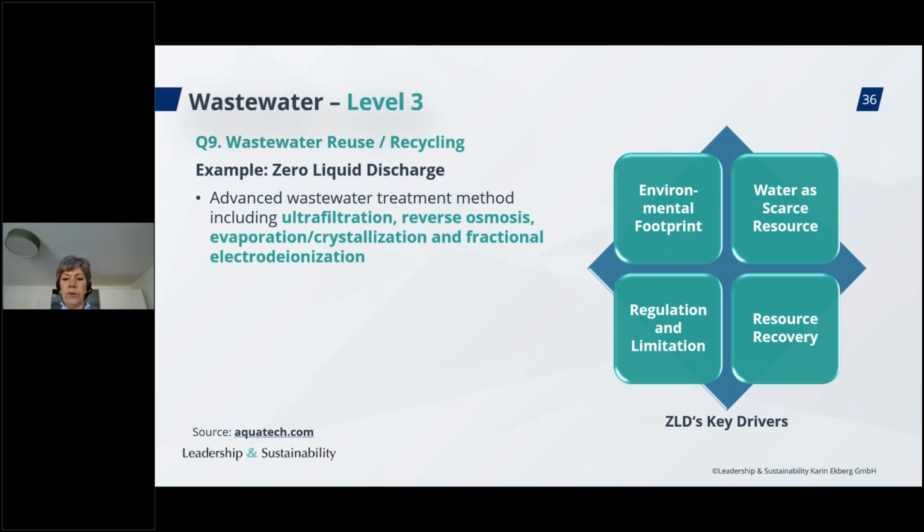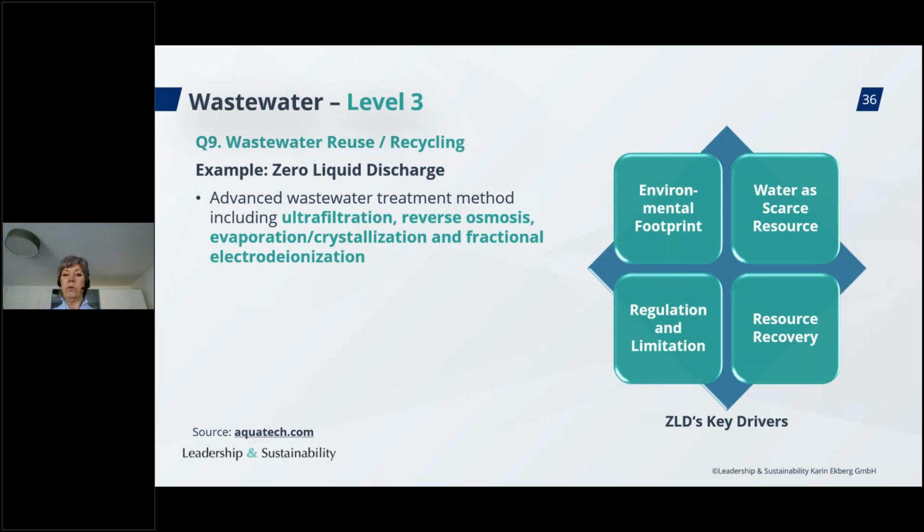If you would be discharging your wastewater into the environment or into an external plant, then you have certain requirements on the quality of that wastewater, and obviously they are quite strict. But if you need to or want to recycle your water and use it again in your processes, then you usually need an even better quality.